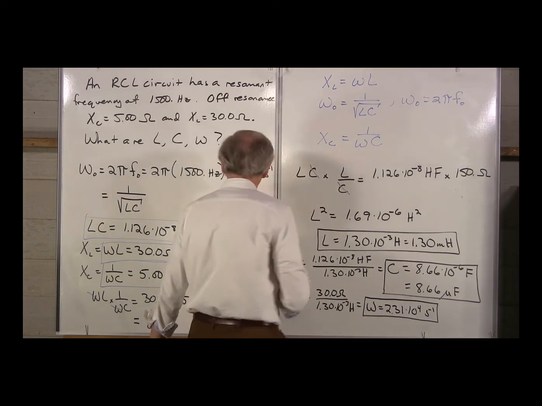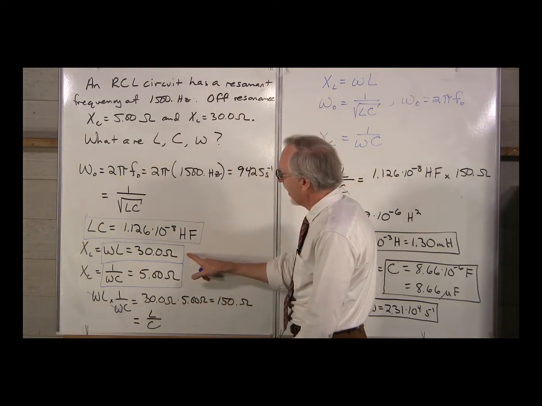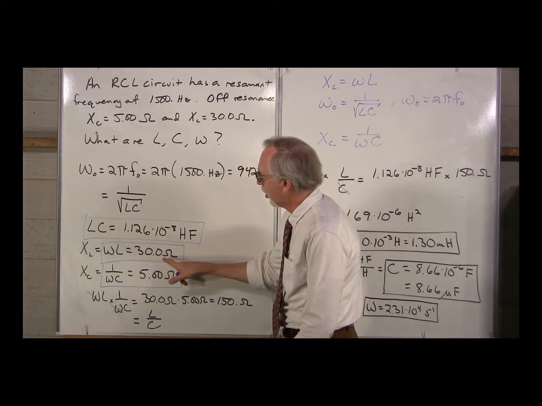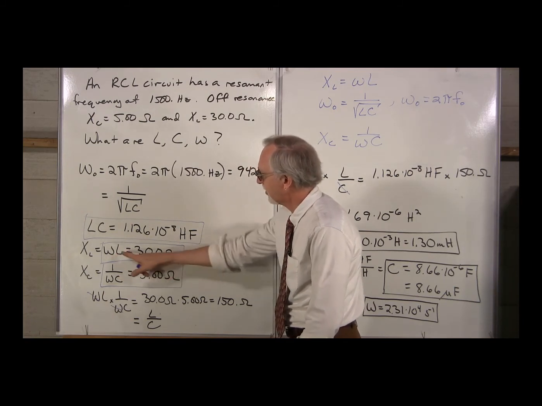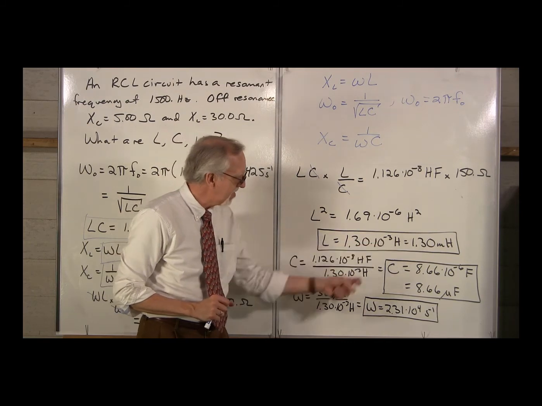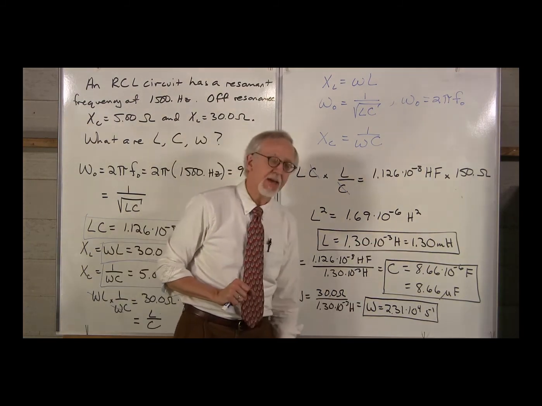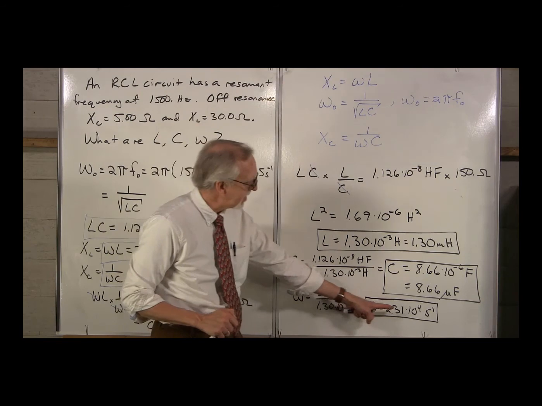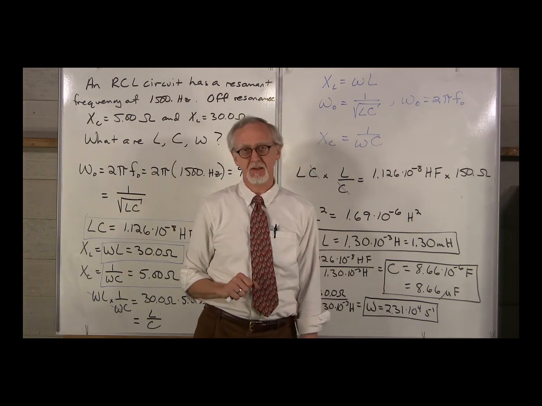What's omega? Well, come back here. We know omega L is 30 ohms, so omega is 30 ohms divided by L. We have L. Putting that in, we get omega is 2.31 times 10 to the 4th inverse seconds.